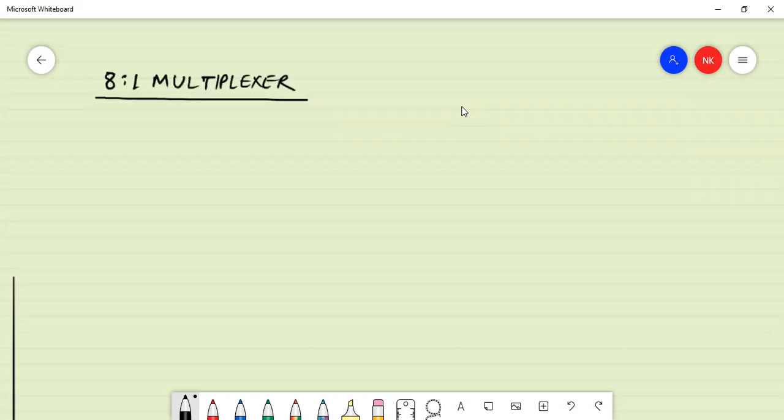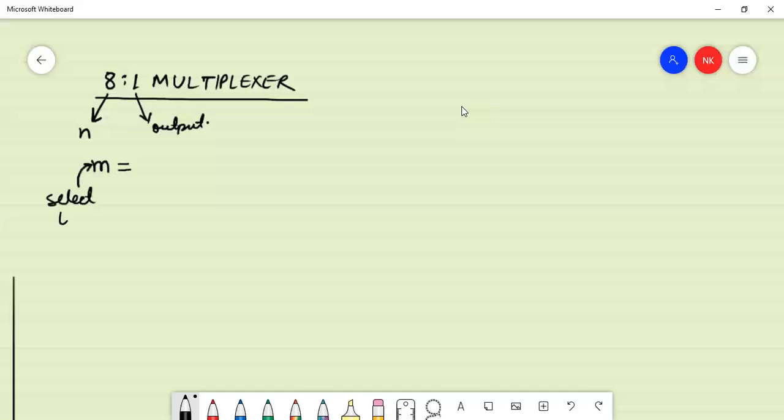So again, here n is the number of inputs, and this is the output. So what is the value of m? M is the number of select lines. So how can we find out the value of m?